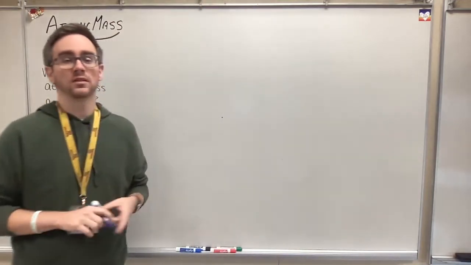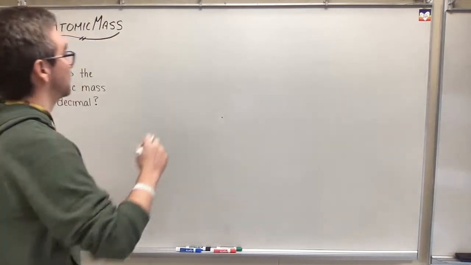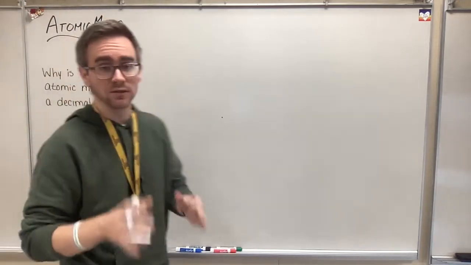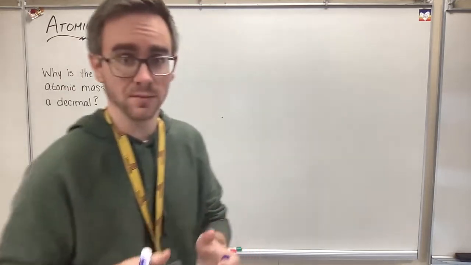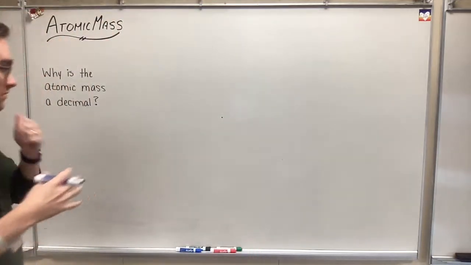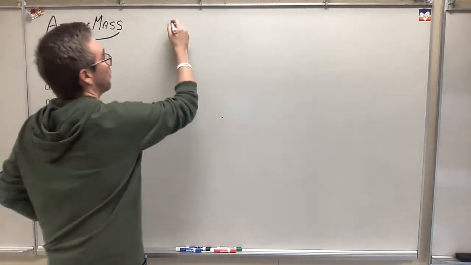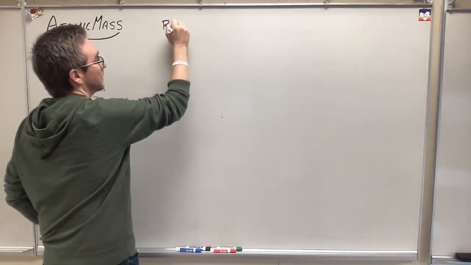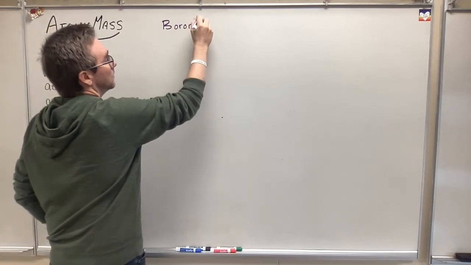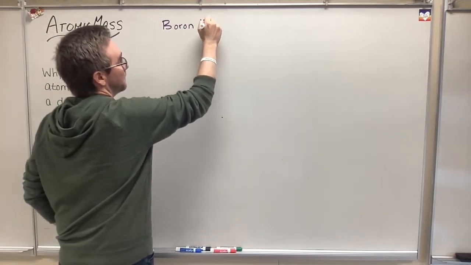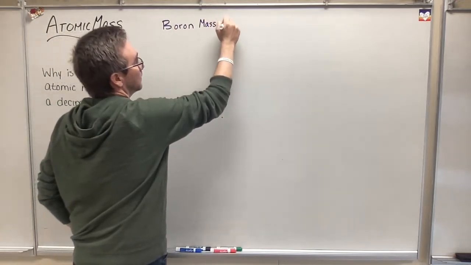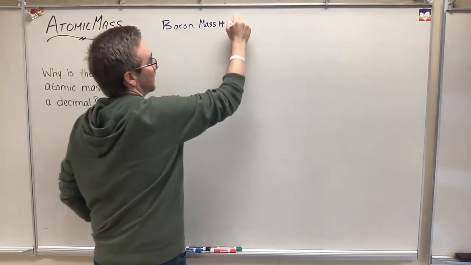So we look at the periodic table. If we want to look at boron, by the way, if you don't have out your handy dandy notebooks, you should have them out right now. Let's do some notes here. Let's talk a little bit about boron's atomic mass. When we look at the periodic table, boron has a mass number of 11.